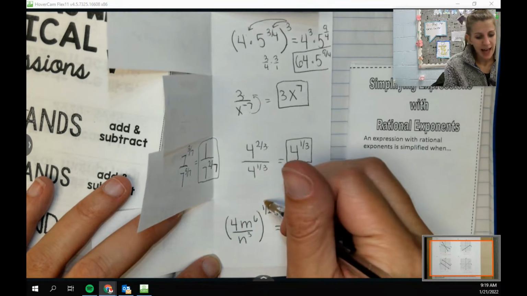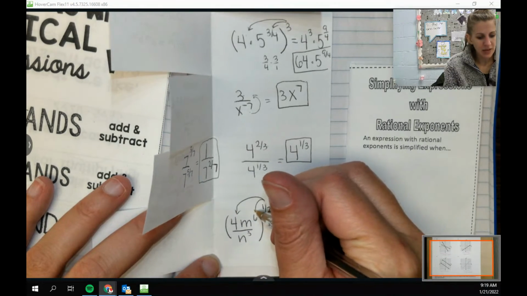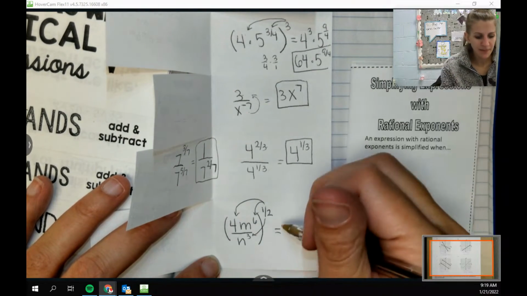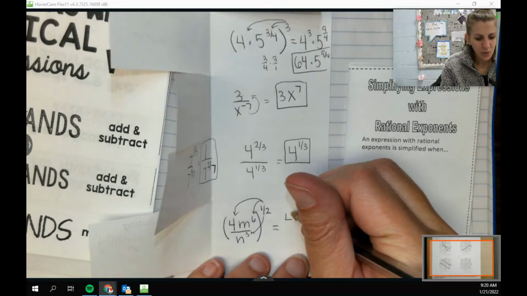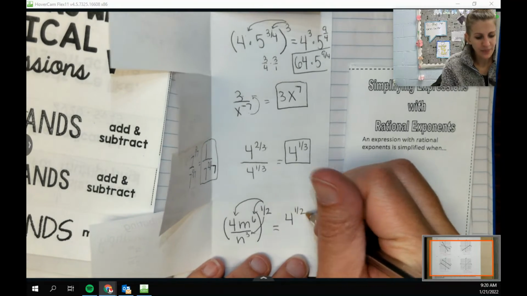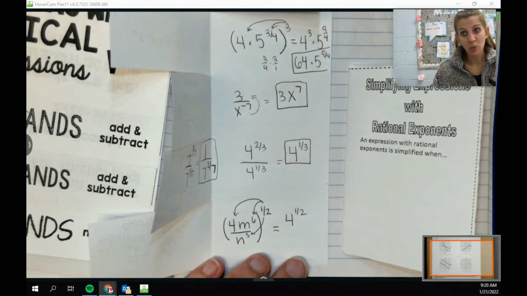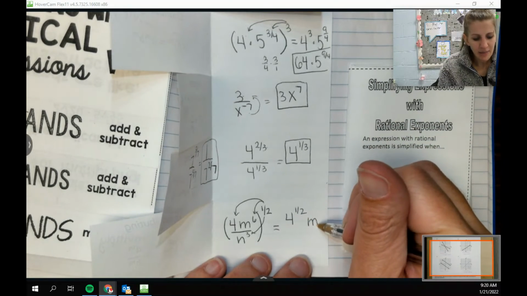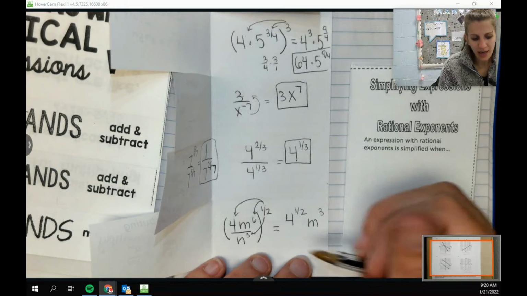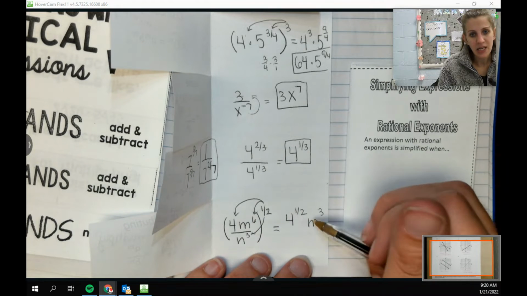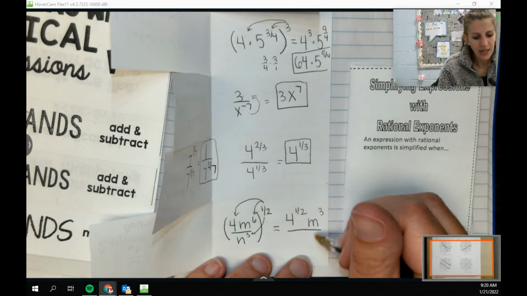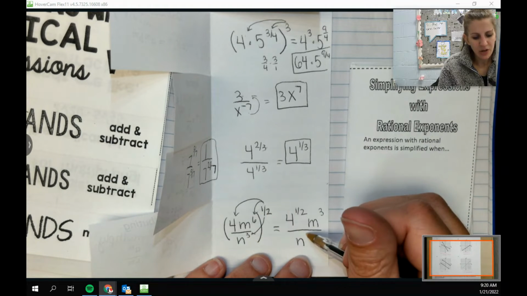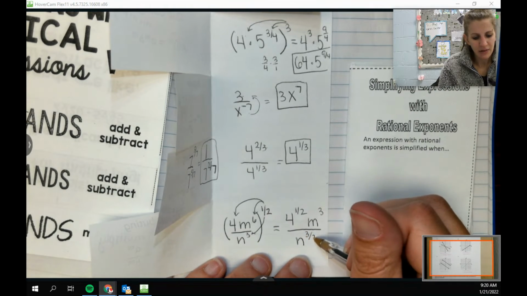All of them need to get the half. So the half is going here, the half is going here, and the half is going here. So we're multiplying half by all of them. So we're going to have 4 to the 1/2 power, because currently 4's power is 1, and 1 times half is half. We're going to have m to the 3rd power, because half of 6 is 3. And then n is in the denominator, and 3 times half is just going to be 3 halves, so 3 over 2.